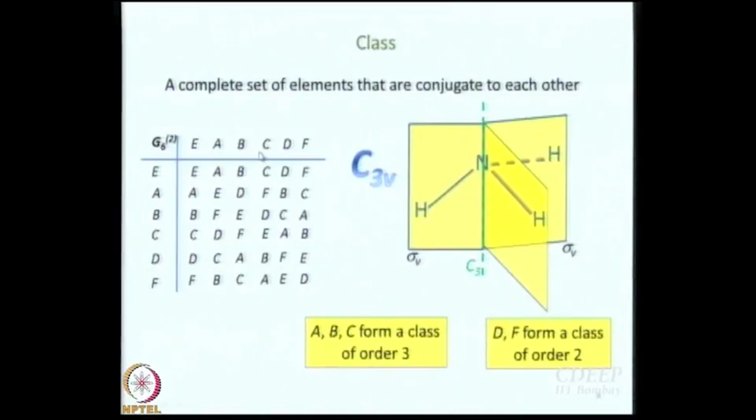Now, what about these three, E, A, B? What is the inverse of A? A. What is the inverse of B? B. What is the inverse of C? C. Now, think of a reflection plane. What is the inverse of a reflection operation?